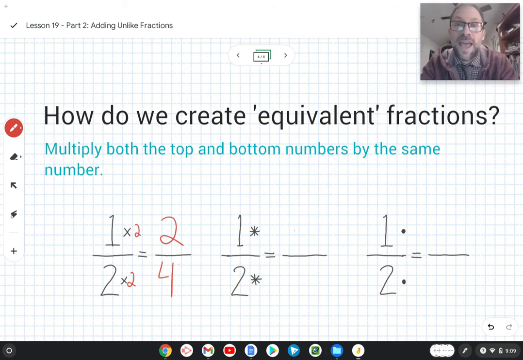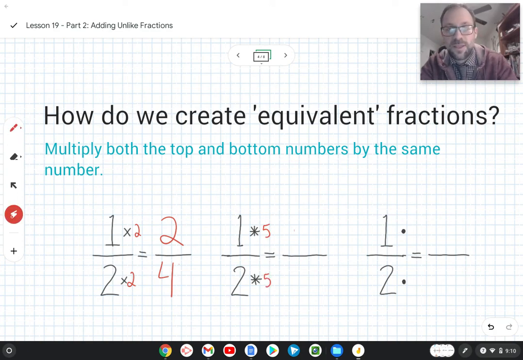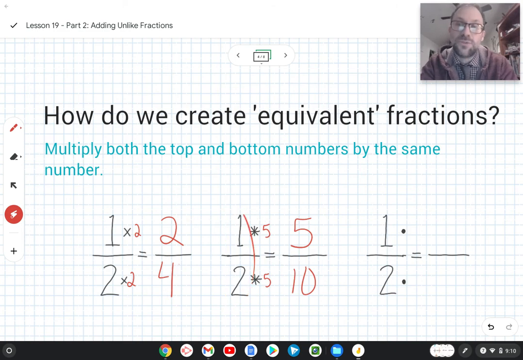Let's keep with 1/2. This time we'll multiply both the top and bottom numbers by 5. Okay, let's see. 1 times 5 is 5, and 2 times 5 is 10. 5/10 is equivalent to 1/2. It's equal to 1/2.